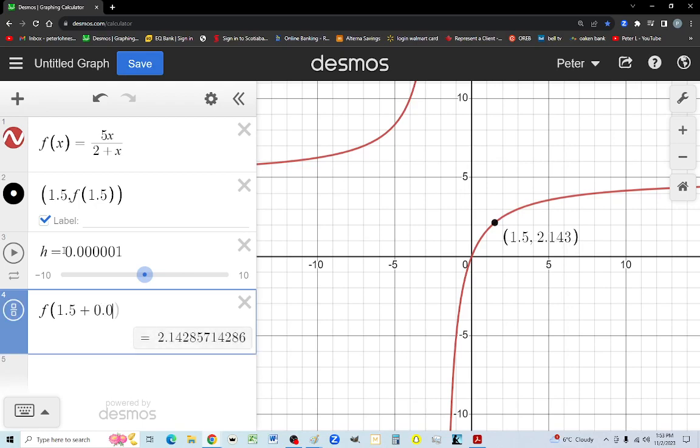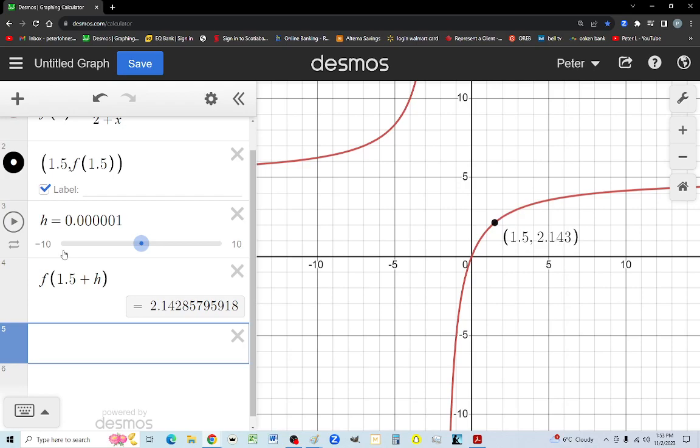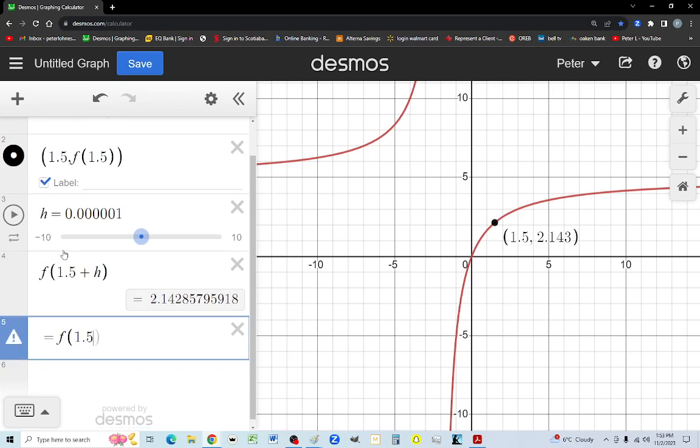Now, I could put the 0.00001 in here and get the same answer, but I've already labeled h as equal to it, so I do that. Then they're going to let you use the formula of this, that slope is going to be equal to f of 1.5 plus h minus f of 1.5, and that essentially is y2 minus y1. This is y1, and this is y2 when you add a little amount to it, all divided by h.